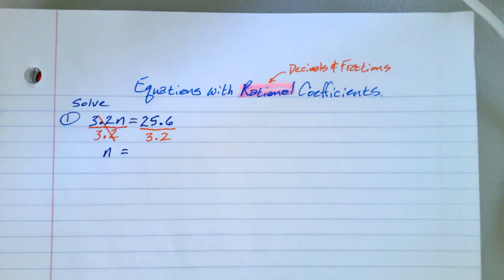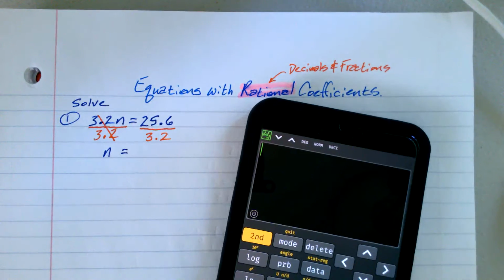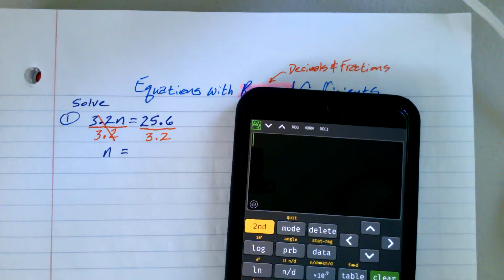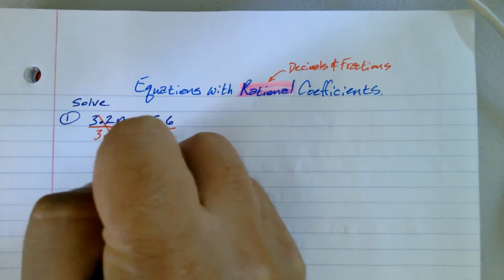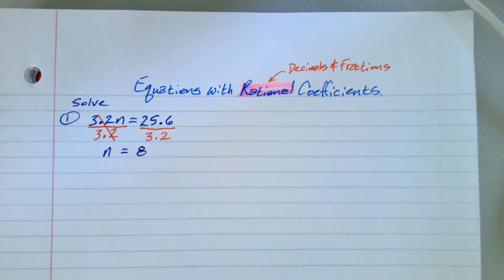Now, this is where the calculator comes in handy. Some of you have already done it and got the answer, but I just want to make sure everyone can follow. 25.6 divided by 3.2. Sometimes you get an ugly decimal answer, but in this case, we just get the answer 8. So this is our claim.